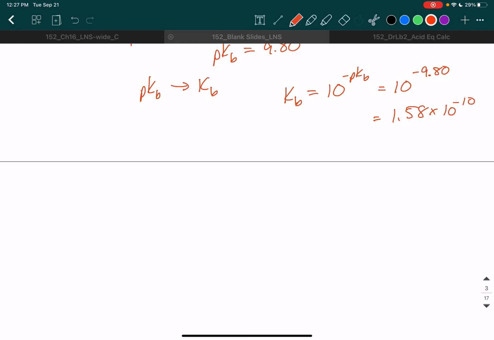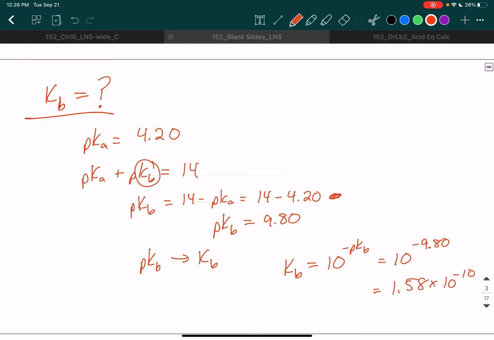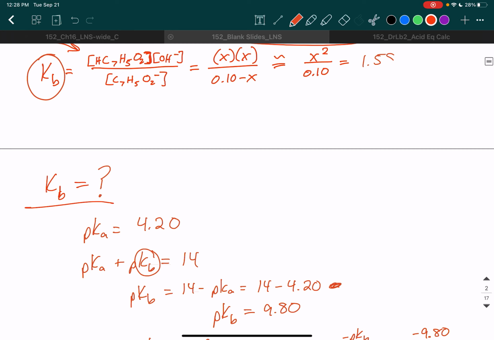Or second function log minus 9.8. If you look at your log button on your calculator, the second function is probably something like that. They are complementary mathematical expressions, or I think that's the right term. I'm not a mathematician, so I'm always grasping for terms. Oh, I have my number. 1.58 times 10 to the minus 10. I have it. I'm so close.